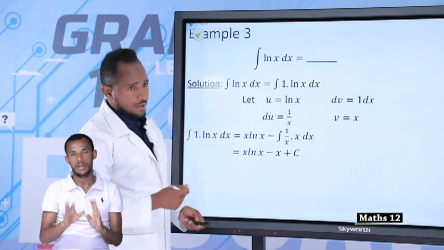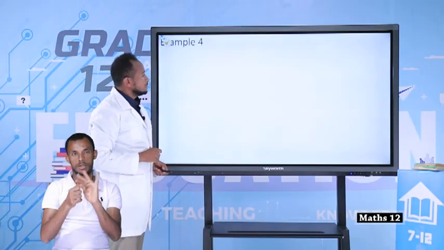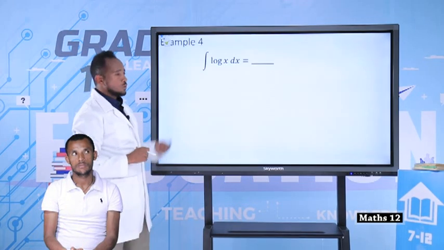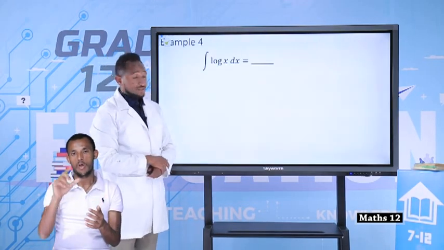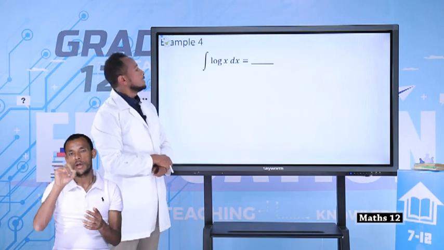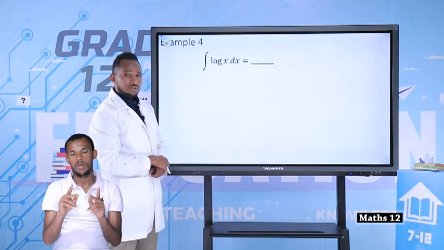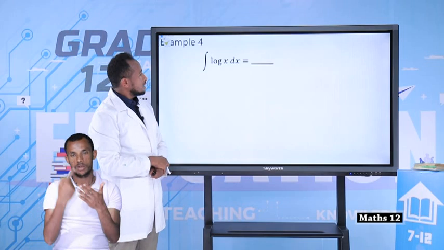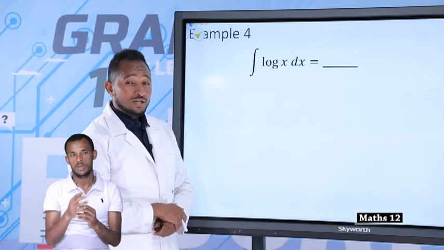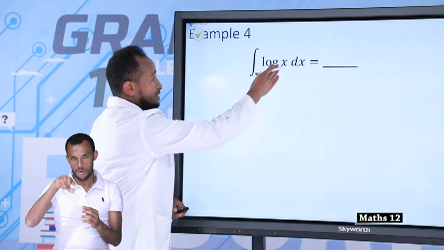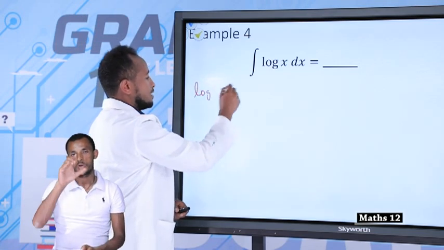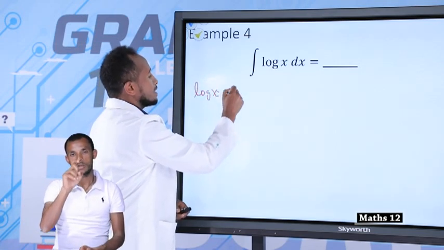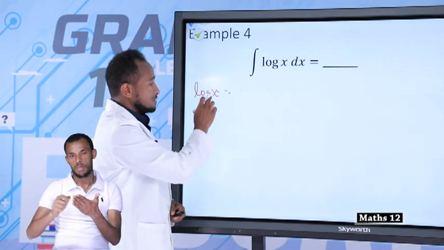Now let's add more examples. Let's see this one, the integration of the logarithm of x dx. To integrate this, let's use the logarithm rule. The logarithm of x is a common logarithm, where the base is 10.